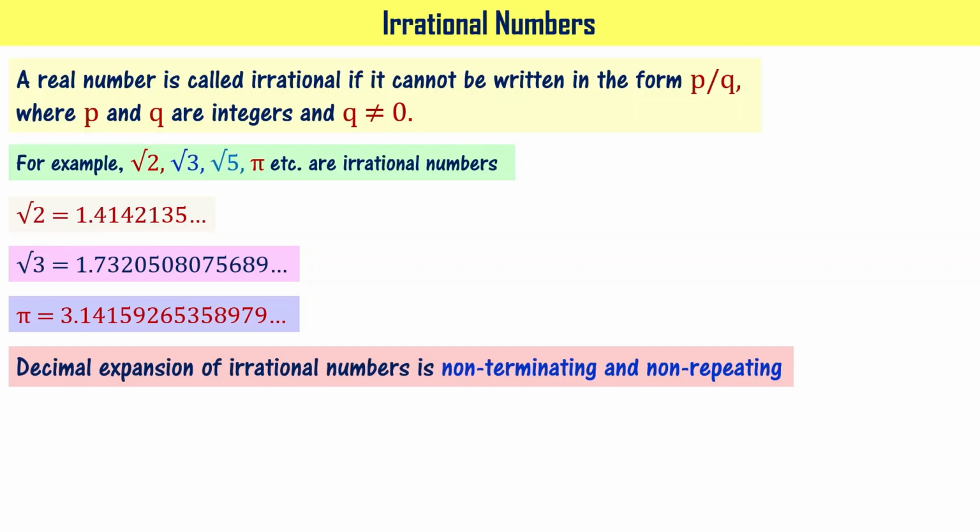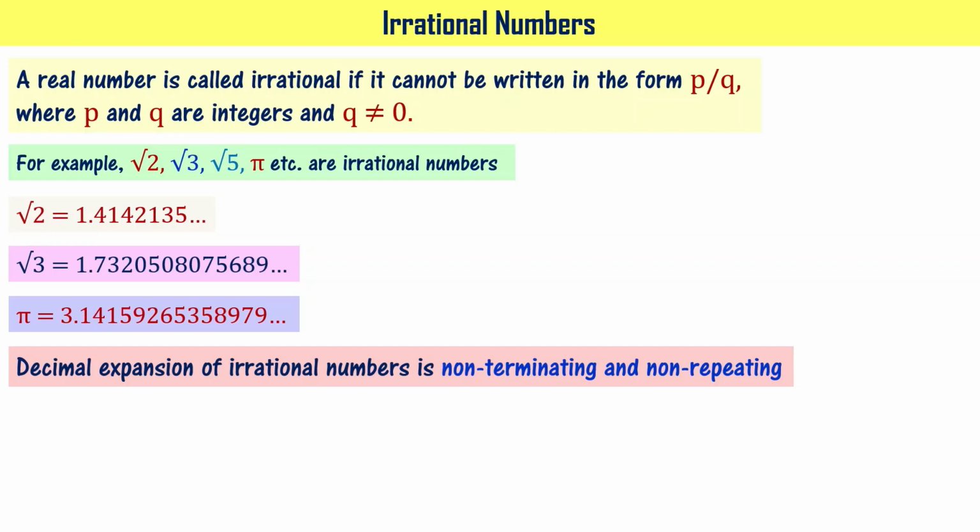and non-repeating. If you observe, for the rational numbers we have seen, there are two kinds of decimal expansions, terminating and non-terminating. Even in the case of non-terminating, we have repeating digits, right? When it comes to irrational numbers, these decimal expansions are non-terminating and non-repeating.